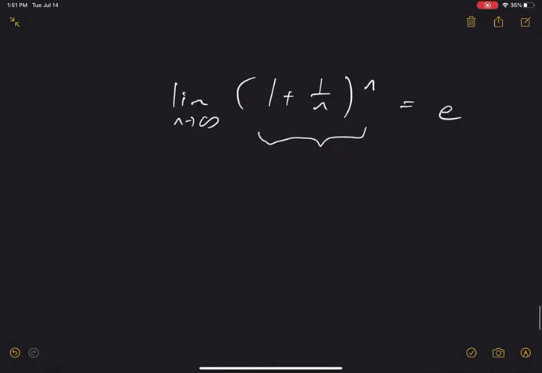So I did my root test, and the limit is e. And e is greater than 1. So what does that tell me about my series? My series is divergent. Interesting problem there.